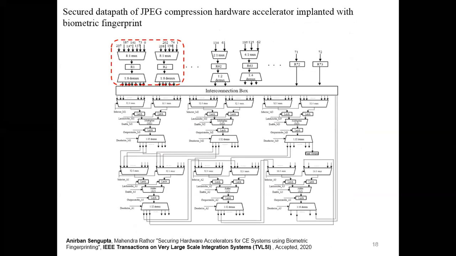This JPEG compression hardware also needs to be secured with either biometric fingerprinting or encryption, because this hardware is very much responsible for performing the encryption and compression of the pixel values. If the compression of the pixel values is incorrect, it could lead to a lot of problems when we want to view it in the context of medical images or military applications. Next slide, please.